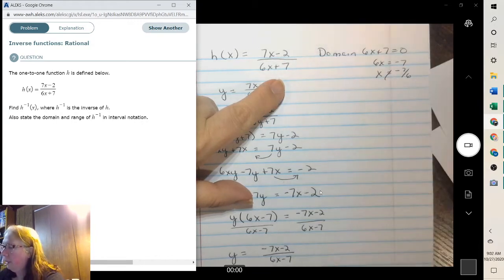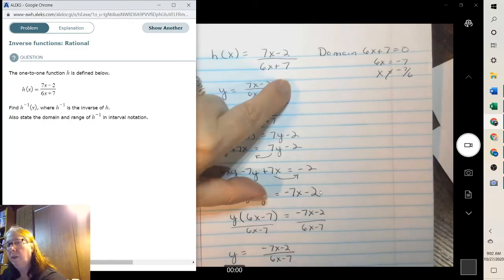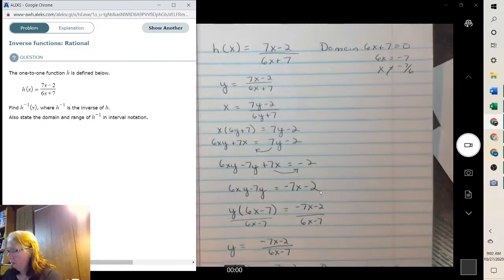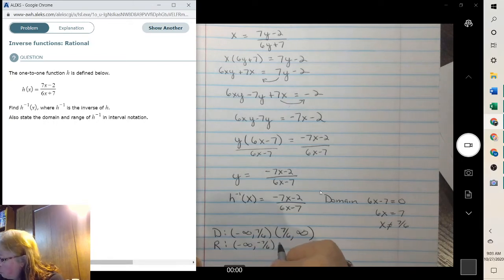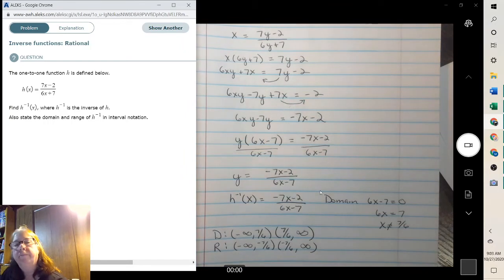So x can be anything but negative 7/6. So this domain is the other one's range. Negative infinity to negative 7/6, negative 7/6 to infinity. Let's try another one.